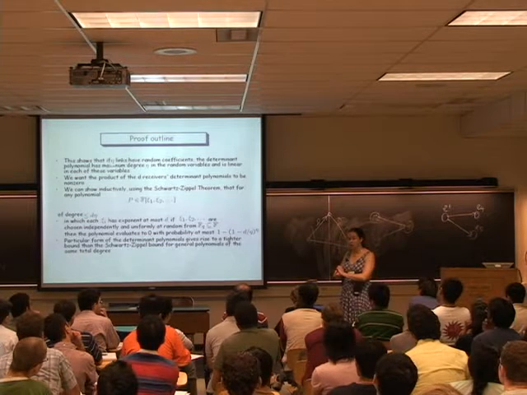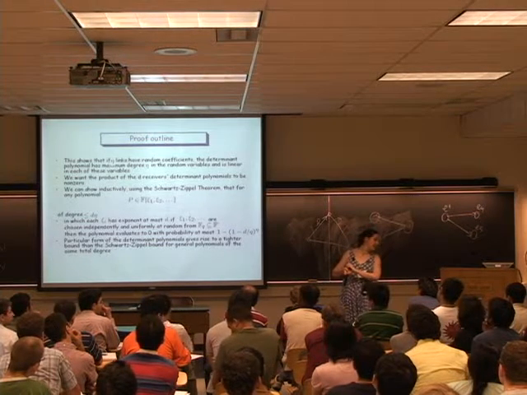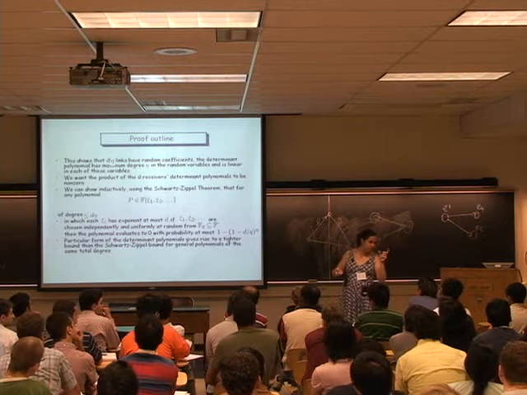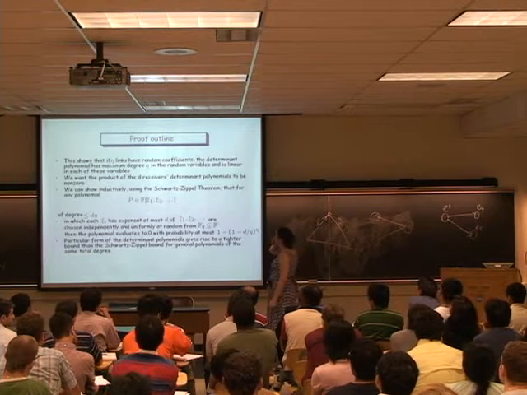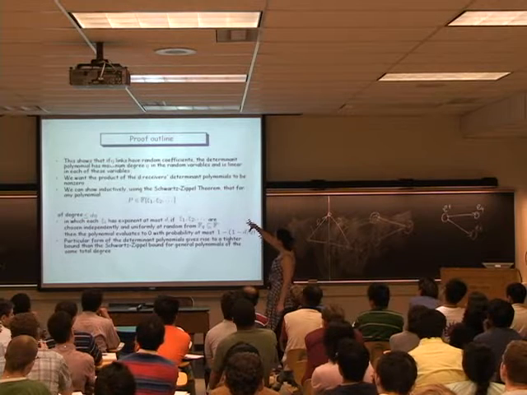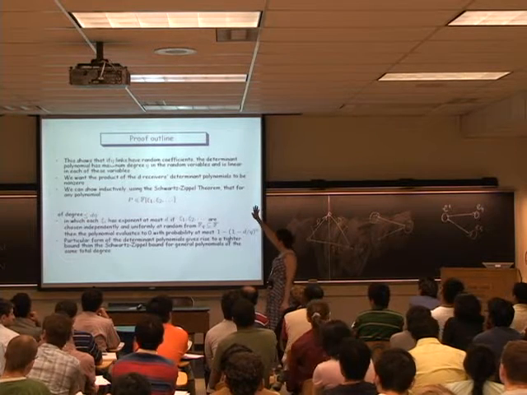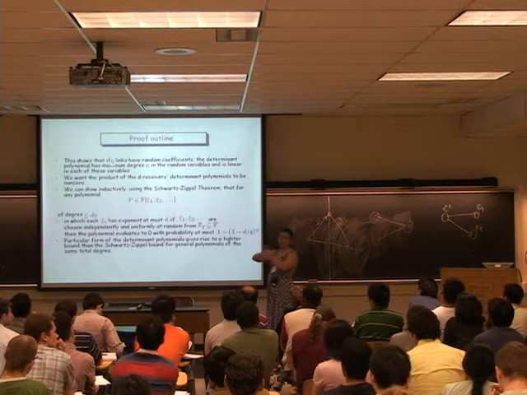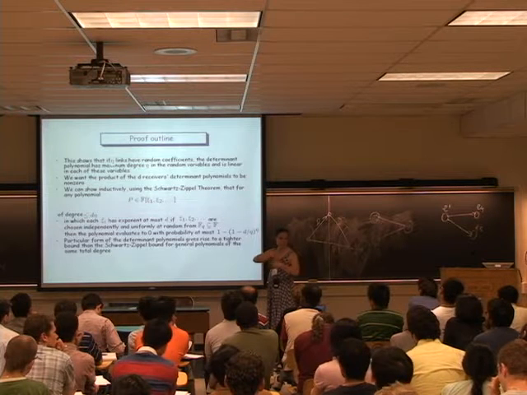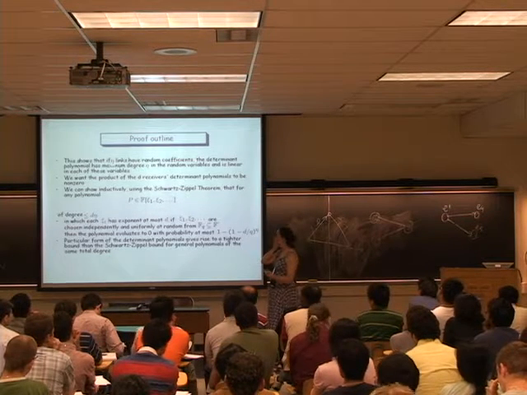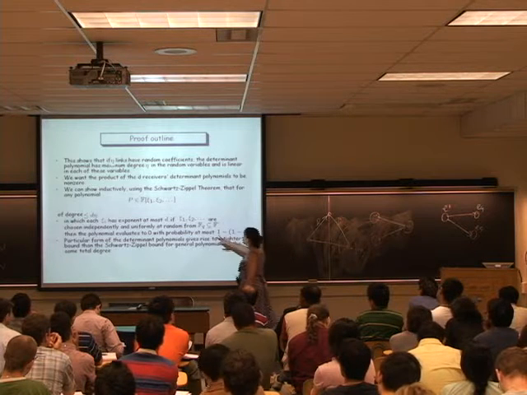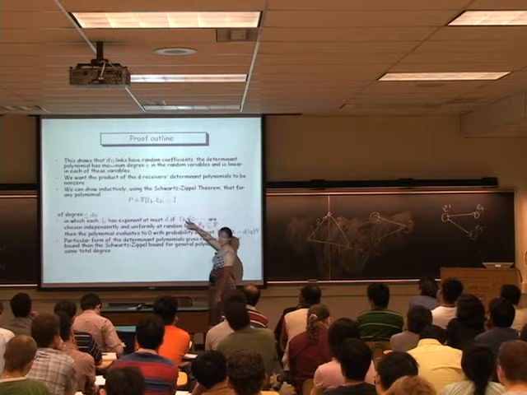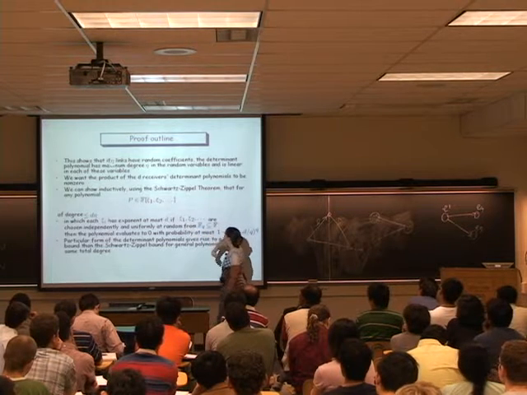Okay? But this takes care of the point that Alex was making, that there's a subtlety there with the growth. So basically what you want is the product of these receivers' determinant polynomials to be non-zero. And what you do is you set up an induction on each xi, but each xi, of course, has an exponent of at most d.